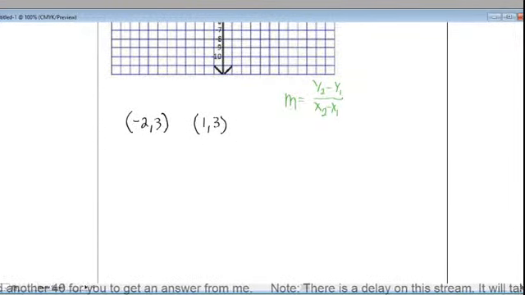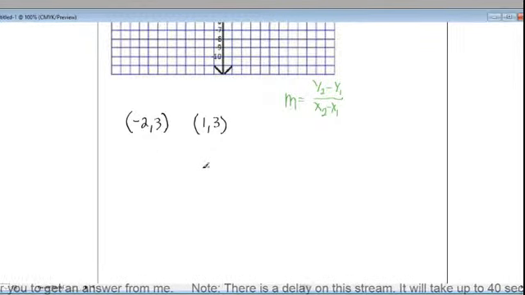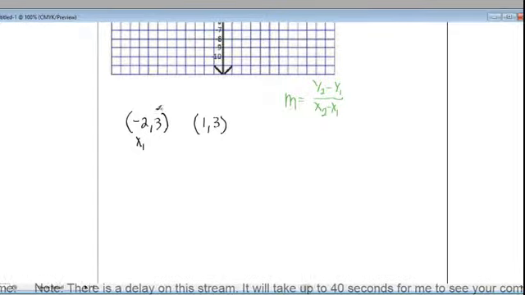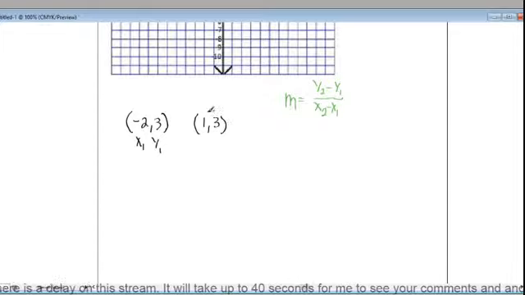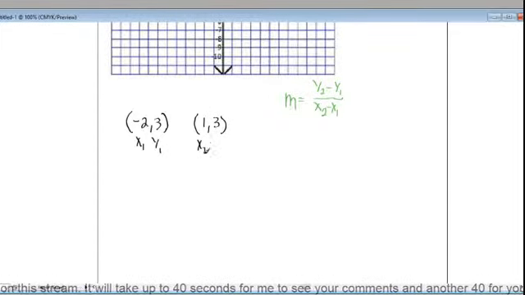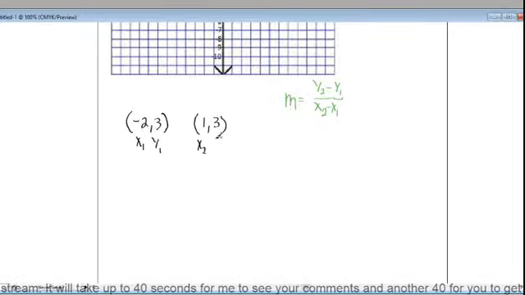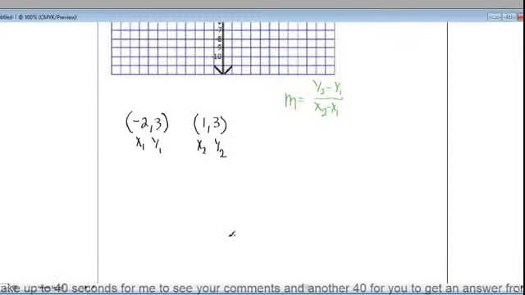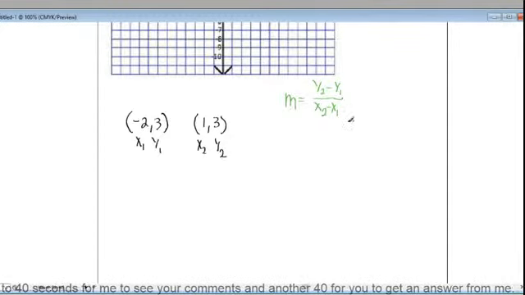So I'll designate this one our first point and this one our second point. So that would mean that this is our x1, this is our y1, this is our x2, and this is our y2. So we need to plug these points into our formula here.